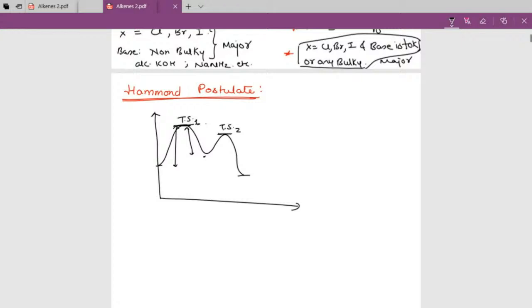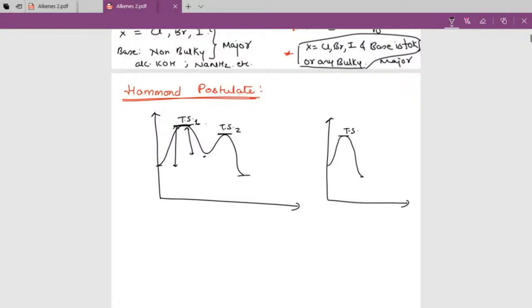If the step is endothermic, then certainly the transition state is having less energy difference with the product. If the reaction would have been exothermic, then its energy difference, let me draw a step. If the step was exothermic, then it would have been like this.